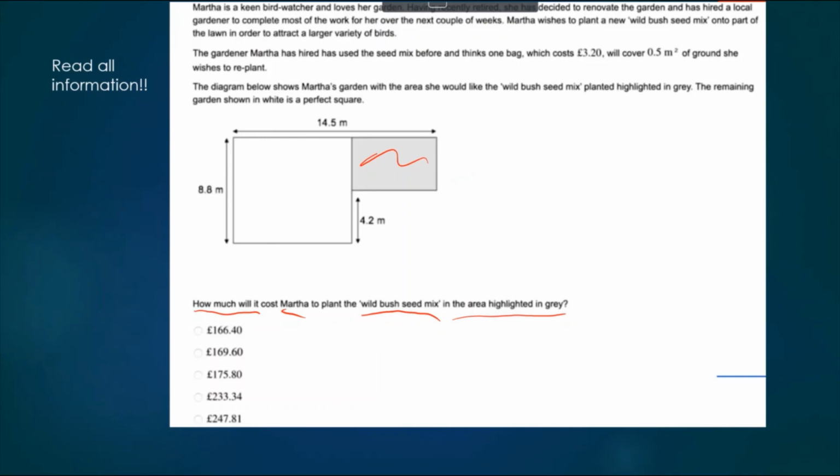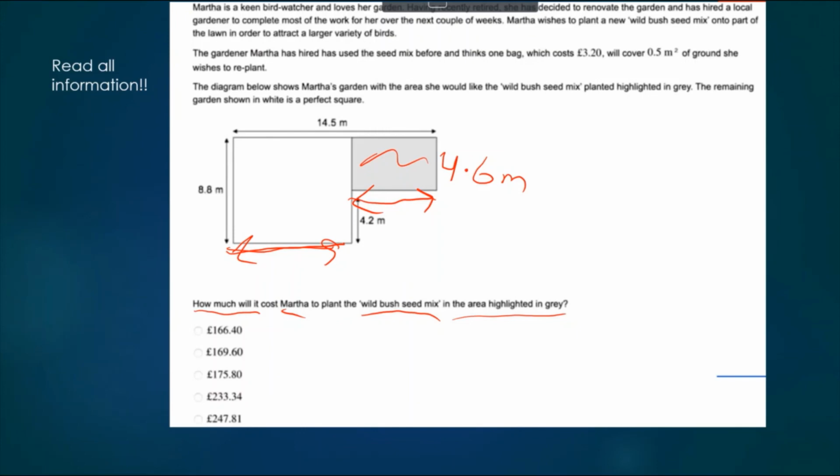So 8.8 minus 4.2 will give you 4.6 meters. But how do you work out this length? You'll need to know what this is to work out what this is, but you can't work that out unless you read the question properly.